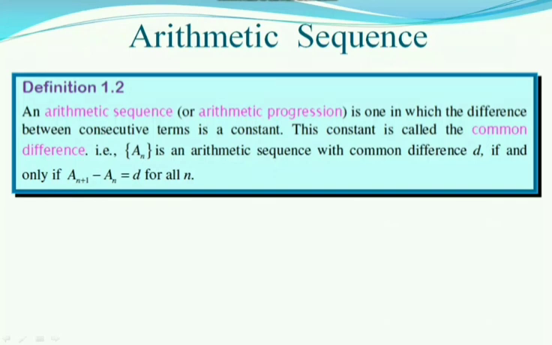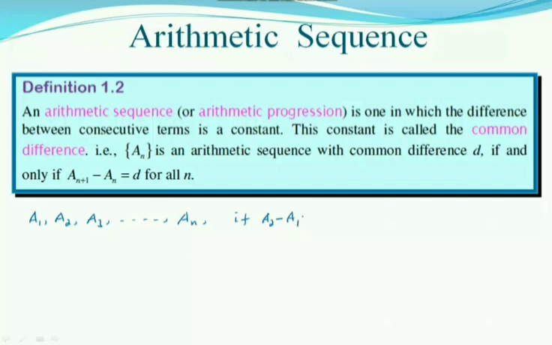For example, if we have a certain pattern of numbers, say A1, A2, A3, and so on, this pattern of numbers is called an arithmetic sequence if the difference between the consecutive terms is constant.